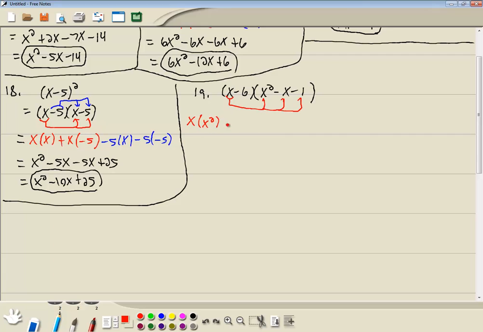So x times x squared, x times negative x, and x times negative 1. And then I'm going to take my negative 6 and multiply it times each one of these terms. So I'll take the negative 6 times x squared, negative 6 times negative x, and negative 6 times negative 1.